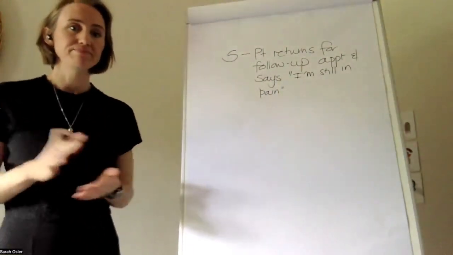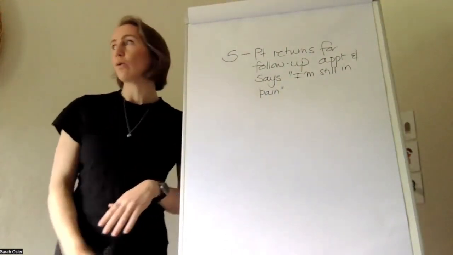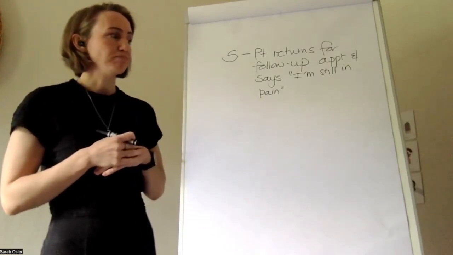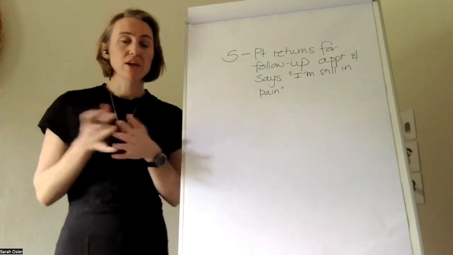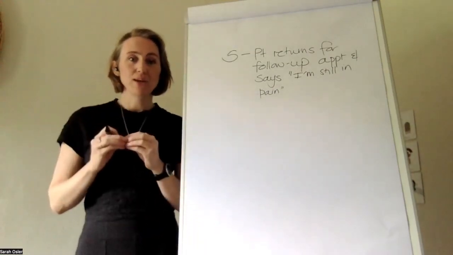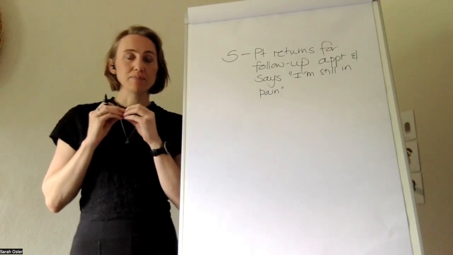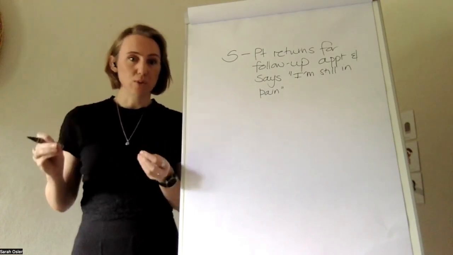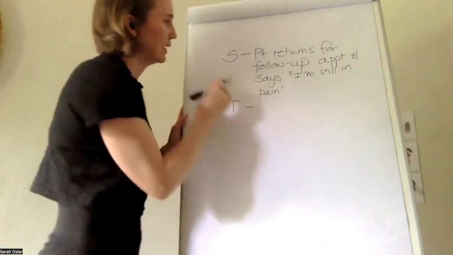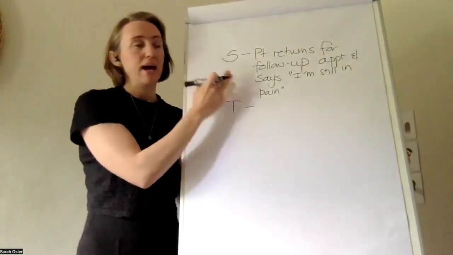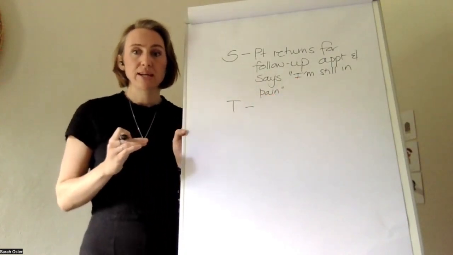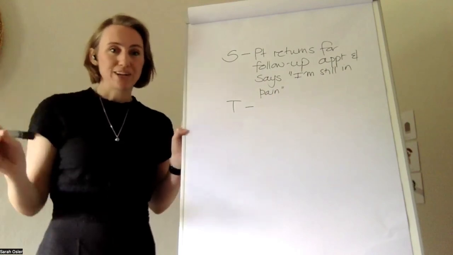Like, how much longer is this going to take? Or I'm having a bad day, or I don't see any difference, whatever the case is. Some version of them coming back to you and saying that something isn't going well. And you'll notice that here in the S line, I quoted the patient exactly. This makes sure that you're not already adding your narrative to it.